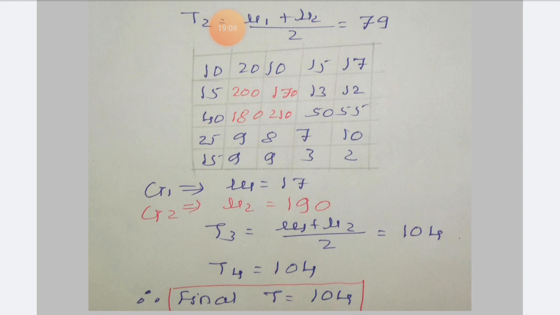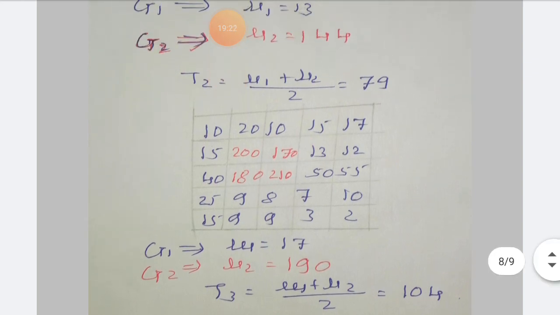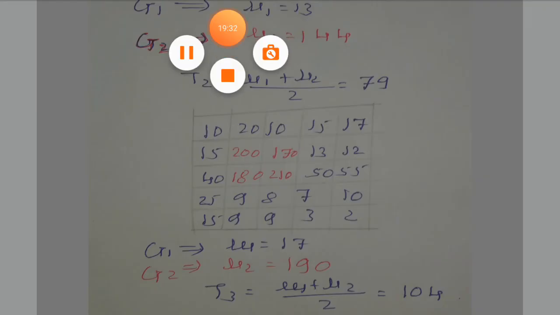But this t4 is 104, which is the same as the previous threshold value. That's why my final threshold value is 104. In this way we can apply global thresholding, and this is my final answer. This is the correct answer, in which 4 pixels belong to the object and the remaining pixels belong to the background. Thank you.